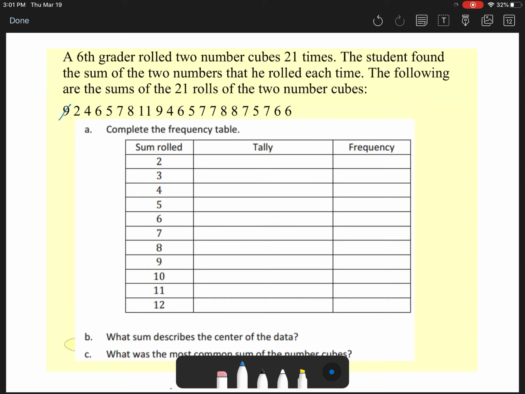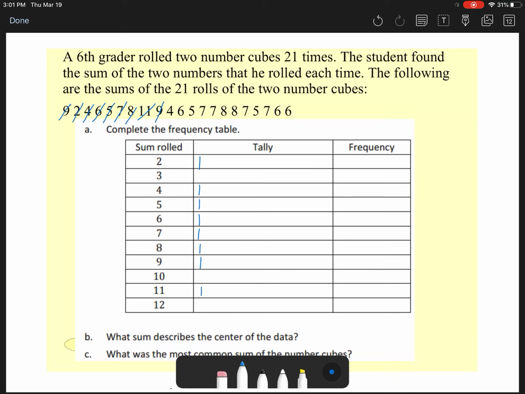Okay, so the first number 9, I'm going to go and mark that tally. Then I have 2, 4, 6, 5, 7, 8, and you just keep doing this until this is 11.